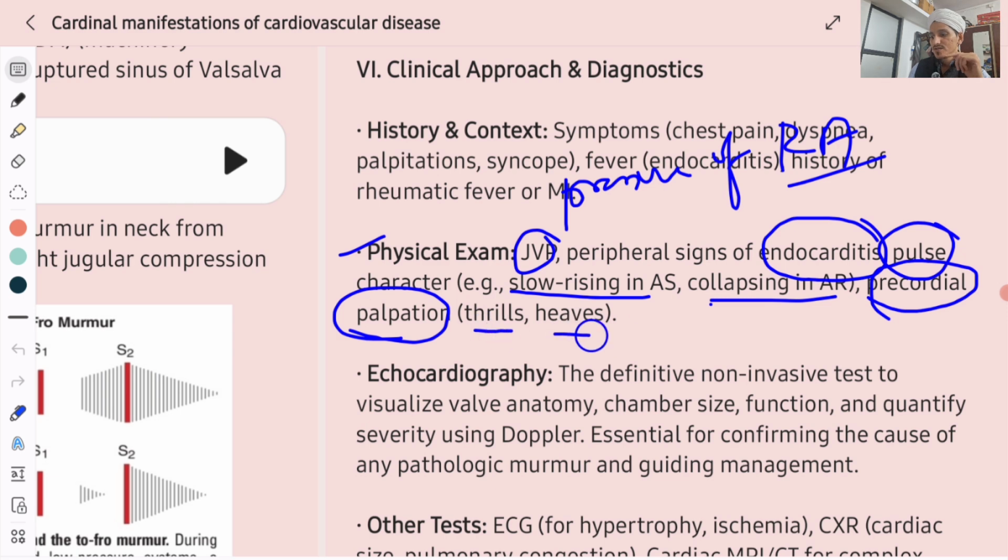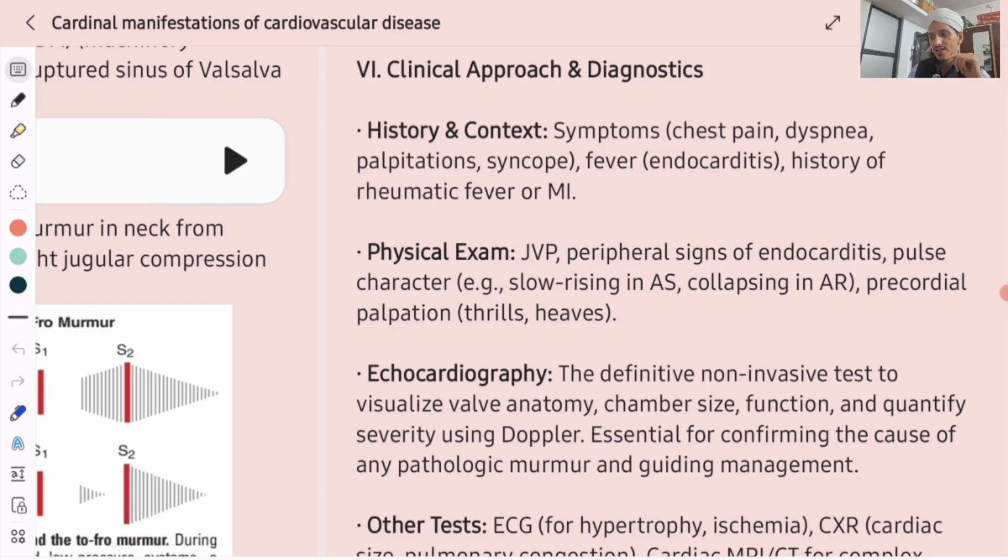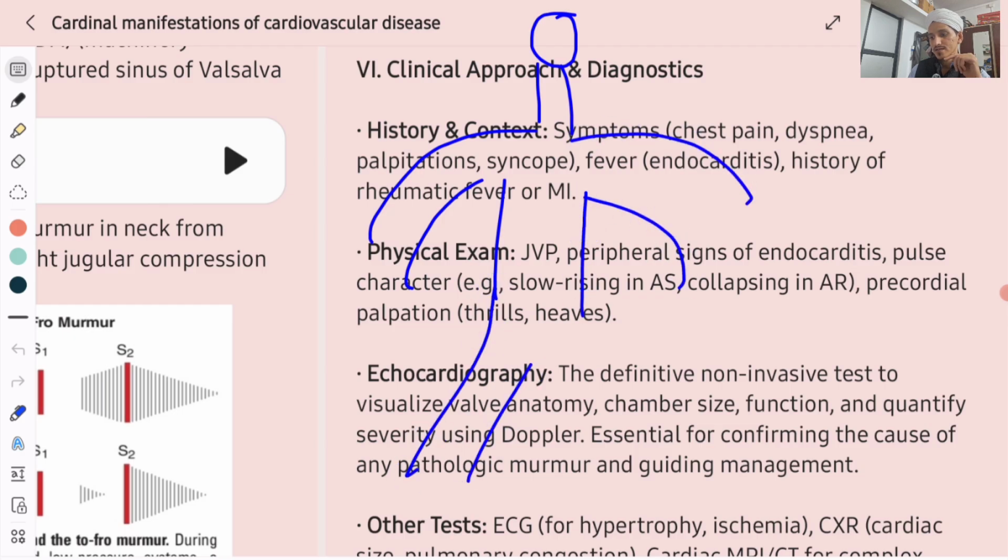Whenever you are examining a patient, Davidson, when starting a topic, always gives a diagram like this. This is the hand, he will give it like this.